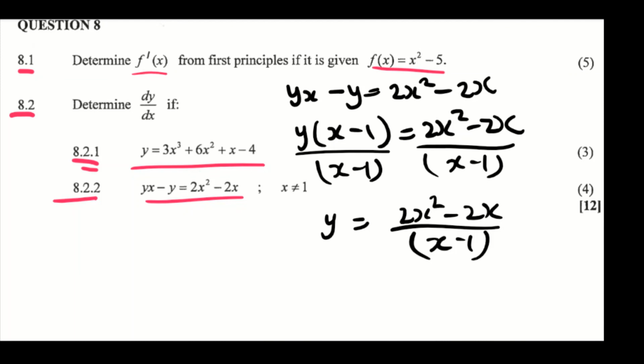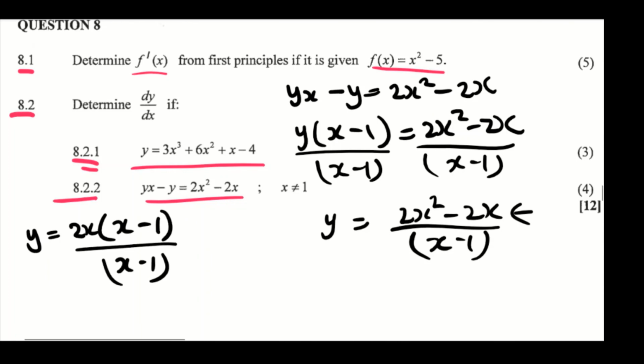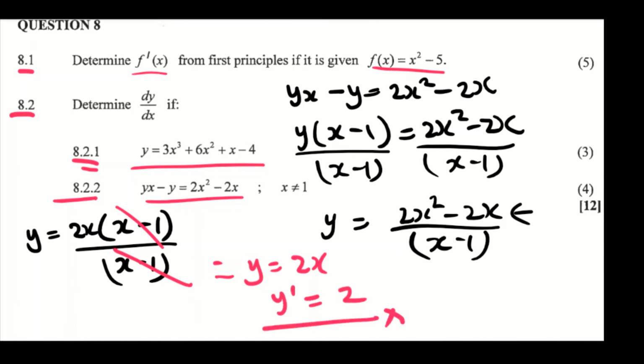So y equals, let's factorize the top, because we can find the derivative of this, but we just want to simplify it further. So it's going to be 2x outside, times x minus 1 divided by x minus 1, and you can see that these two here are common, so therefore y equals 2x, so the derivative is equal to 2. So that is the final answer of this question here.